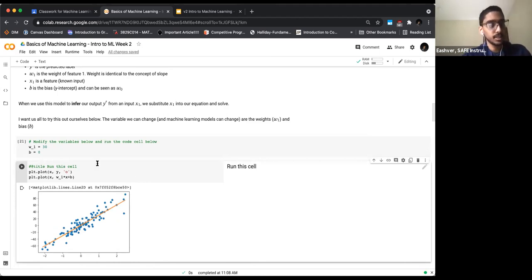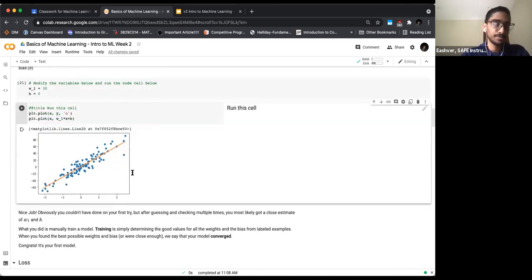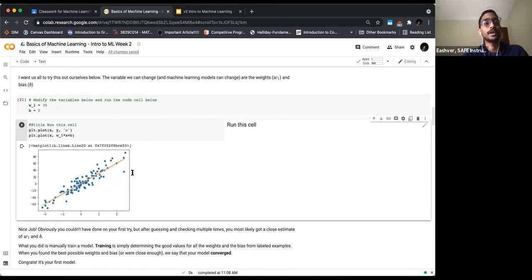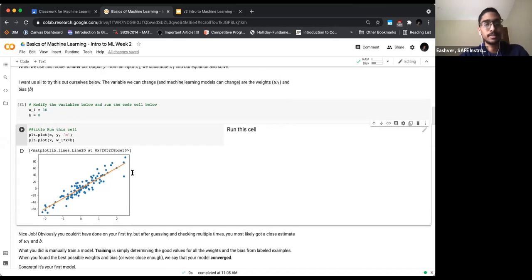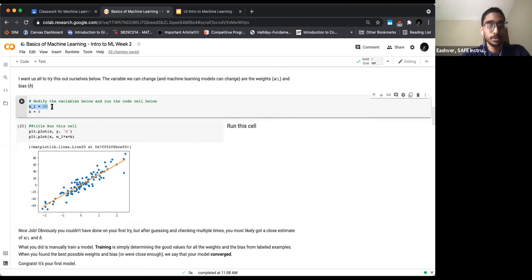What you just did was a manual training of a machine learning model. Training is simply the determination of good values of weights, which is what the W1 is, and the bias.